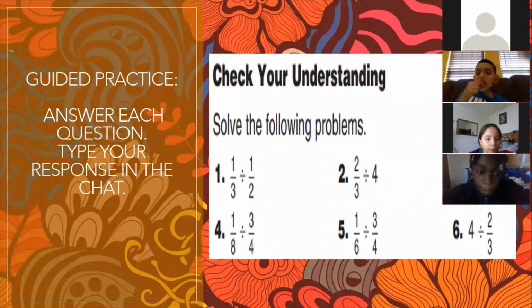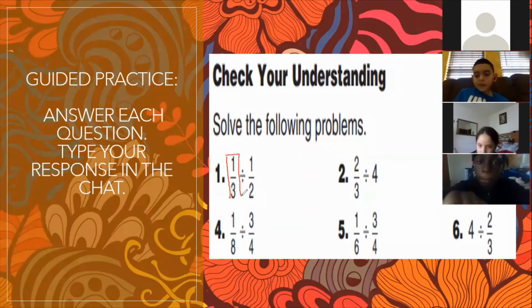Okay. All right, guys, I'm gonna pause for a second because I see a lot of responses coming in and I'm seeing a misconception. So I wanna go ahead and address that really quickly. Remember, when we talk about keep, change, flip, we're keeping that first number, right? Division changes to what, guys? Multiplication. And then what happens to our reciprocal?